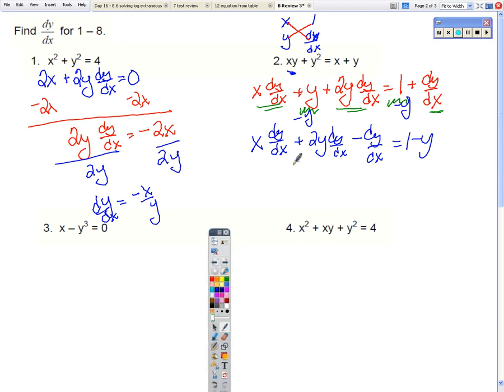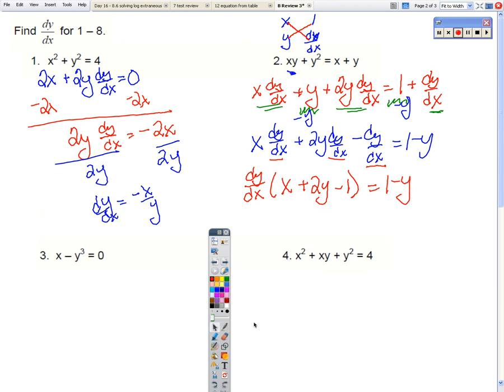Now that we have all of our terms with dy/dx on one side, I'm going to factor out the dy/dx, and I'm left with x plus 2y minus 1. And then as a final answer, I'm going to divide both sides by x plus 2y minus 1.